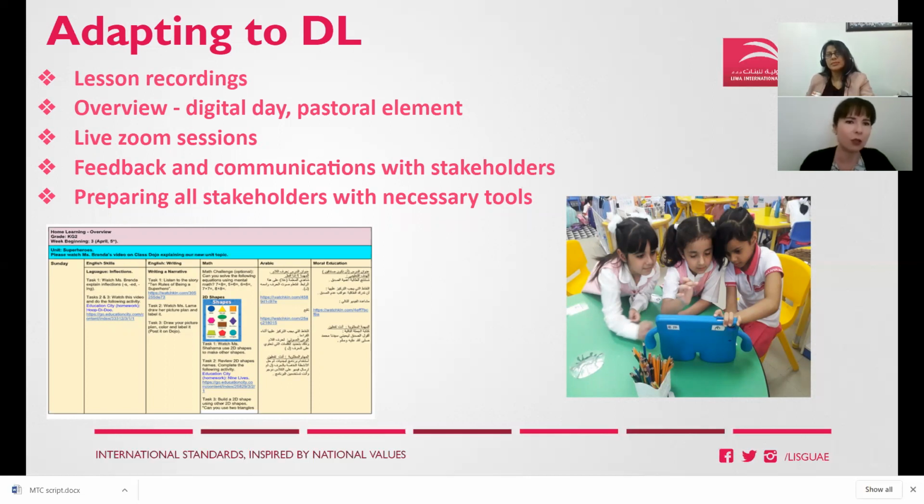Part of this weekly overview would be the different subjects. There would always be a pastoral, well-being element, maybe a yoga lesson. Within these overviews as well, we put in our assessments using the tools which we'll go on to a bit later. Obviously, it was a learning journey for every school.